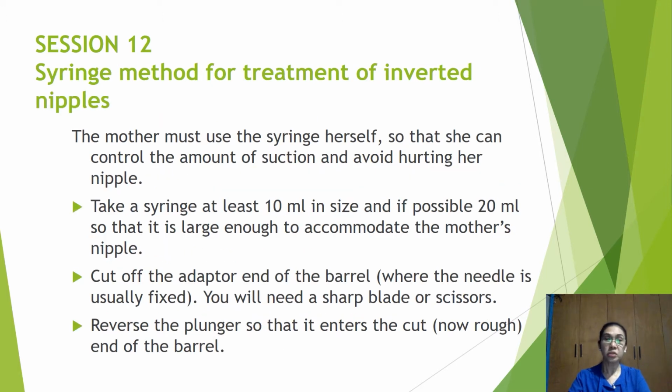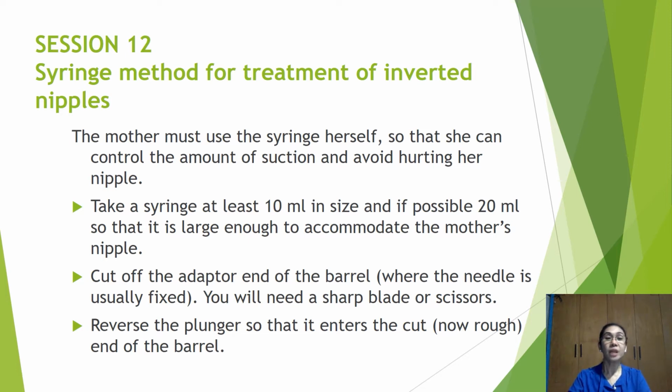So you can use the syringe method as a treatment for inverted nipples. The mother must use the syringe herself so that she can control the amount of suction and avoid hurting her nipple. So take a syringe at least 10 milliliters in size and if possible 20 milliliters so that it is large enough to accommodate the mother's nipple.